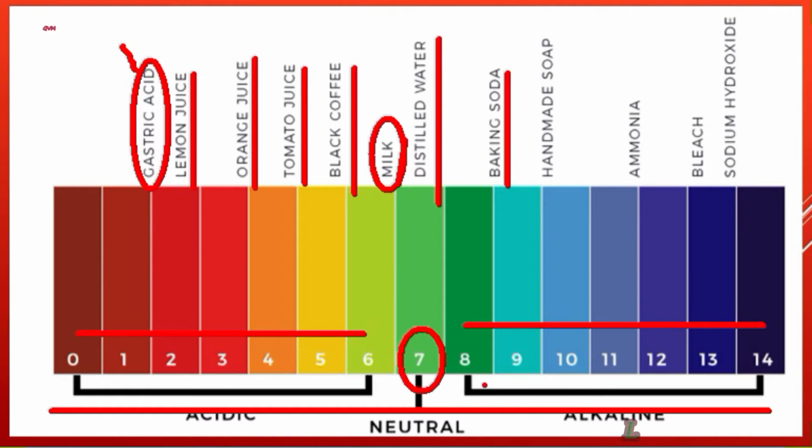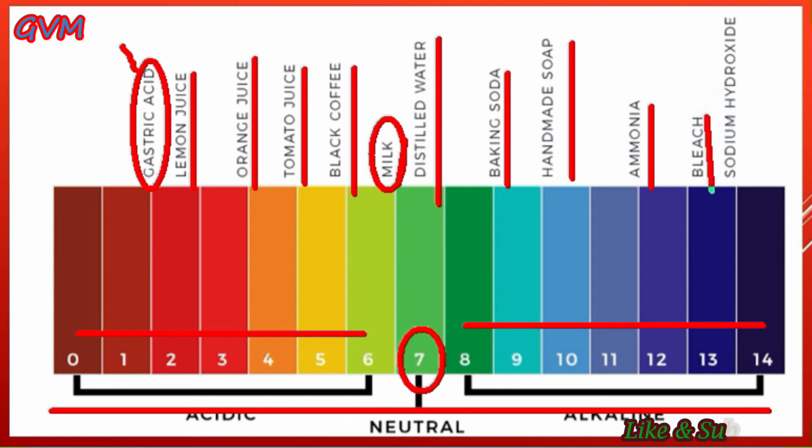Now students, here the pH value of baking soda lies between 8 to 9. This means that baking soda is basic in nature. In the same way, homemade soap, ammonia, bleach show their pH value between 8 to 13, means that they all are basic in nature, whereas the sodium hydroxide pH value lies between 13 to 14.